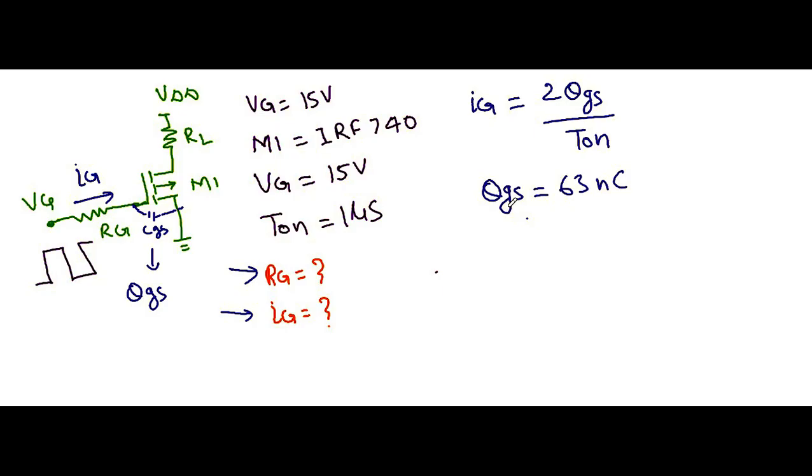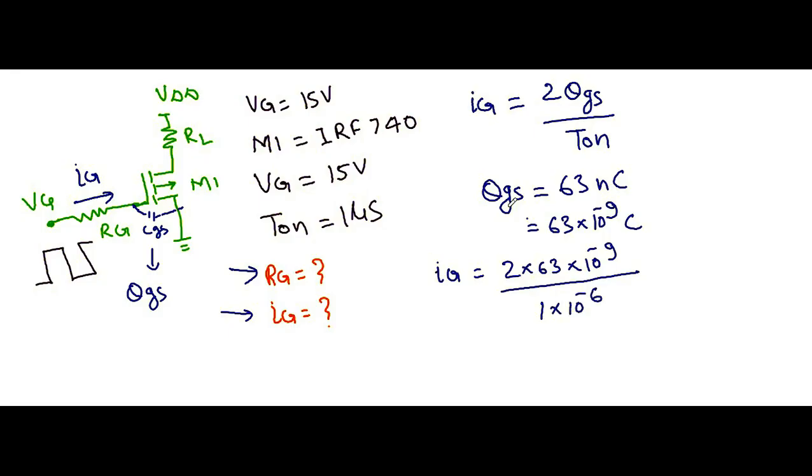Okay, you can also write this as 63 into 10 to the power minus 9 coulomb. Now you can directly put this value there. Let's write the equation: IG equals 2 times 63 into 10 to the power minus 9, divided by 1 microsecond, 1 into 10 to the power minus 6.